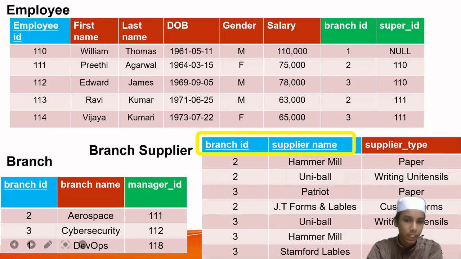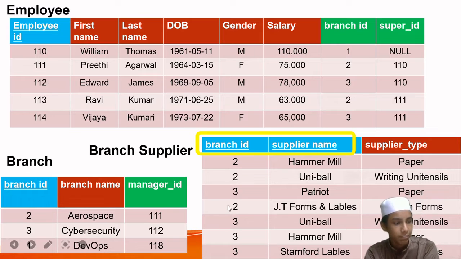We have some branches that might be selling products like paper, writing utensils, and so on. The branch supplier table defines who the suppliers are for that branch, who is supplying it. For example, there is me and another person.